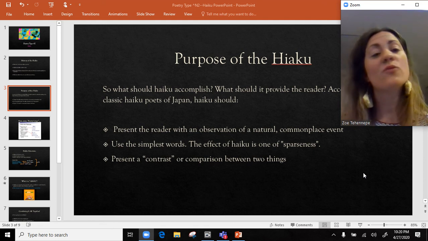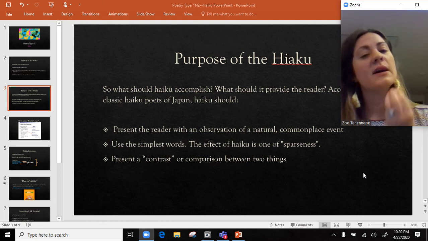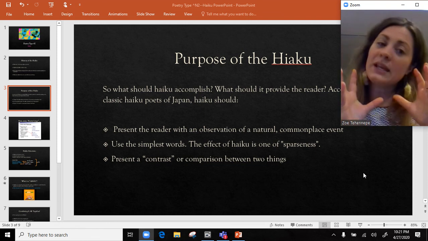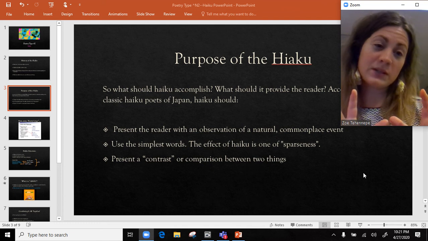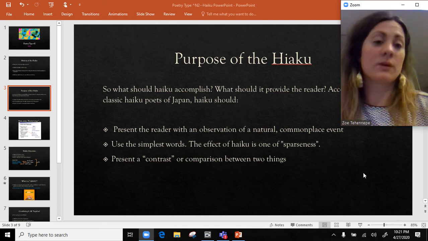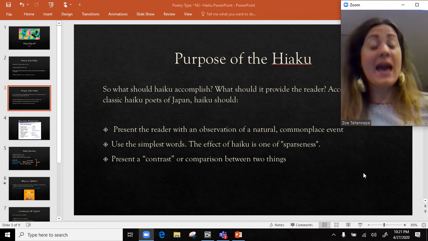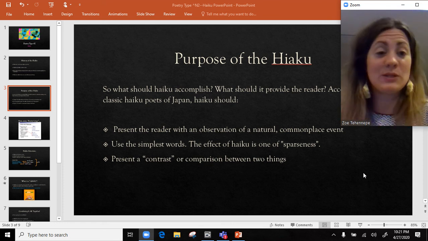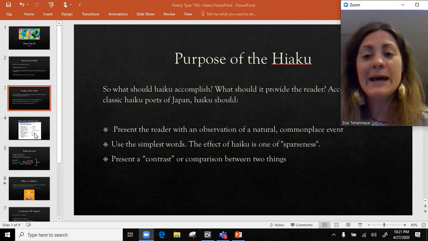It should use really simple words. Haikus are about presenting an idea with a really minimal amount of words and simple words. And next, it should, as I mentioned before, present some sort of contrast or comparison between two things, okay?